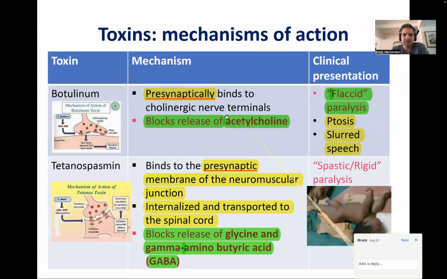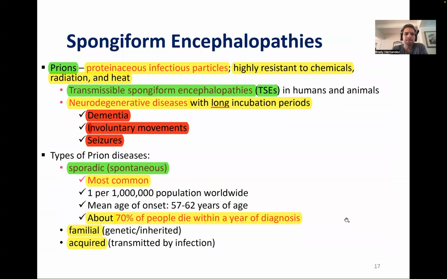Okay, as I said, presynaptic acetylcholine, and with tetanospasmin, it's presynaptic glycine and GABA. So in that regard, you're blocking the inhibition. So the glutamate has unopposed stimulation, so it'll cause this spastic paralysis or rigidity.